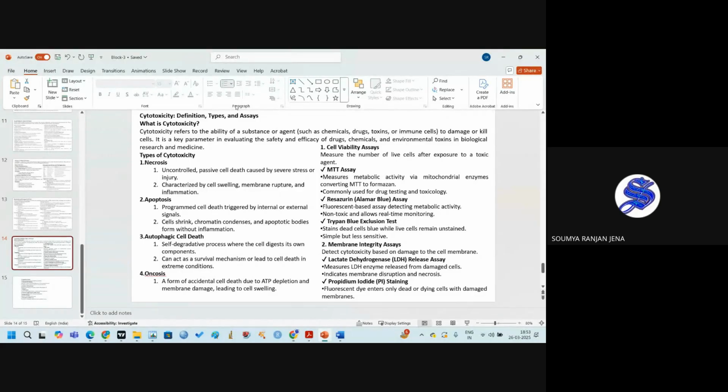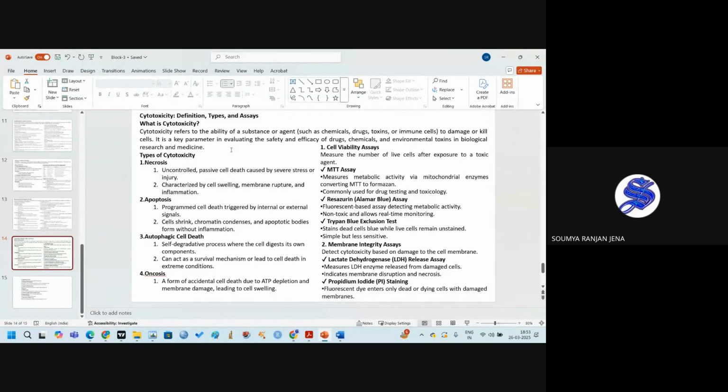It refers to the ability of a substance or agent, such as a chemical or drug, to damage or kill cells. For any newly synthesized drug, we put it into the cell and check whether the cell dies or not. That process is called cytotoxicity, and it applies to different types of toxins acting on immune cells to damage or kill them. It is a key parameter in evaluating the safety and efficacy of drugs, chemicals, and environmental toxins in biological research and medicine.